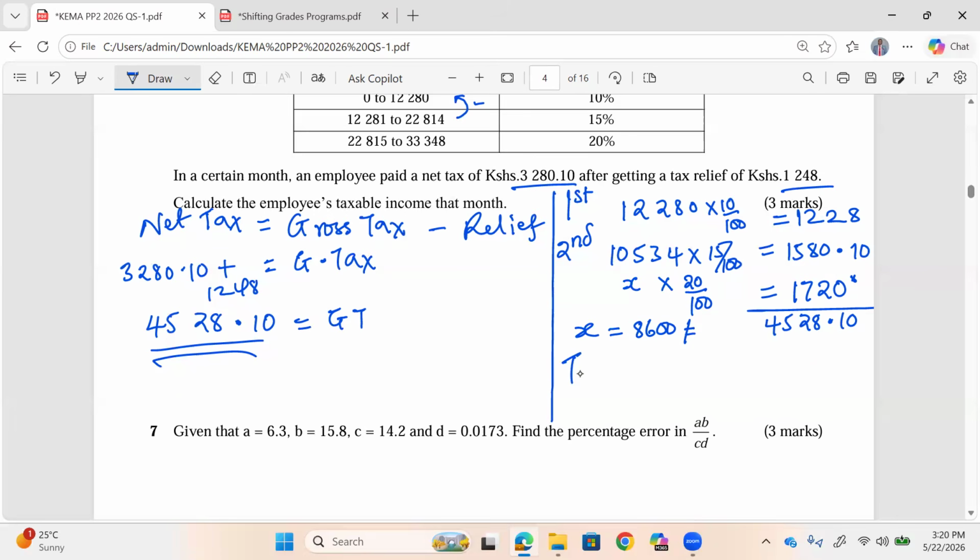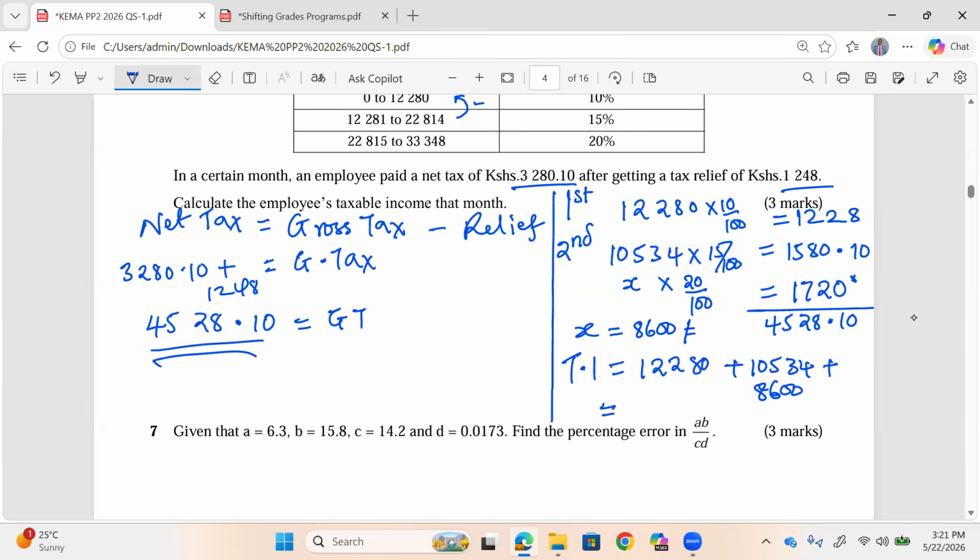That's a very good question. So the taxable income is just the amounts that have been taxed: the first 12,080, the second 10,534, and the last 8600. When you tax all these at the respective rates, you'll get 4528.1.